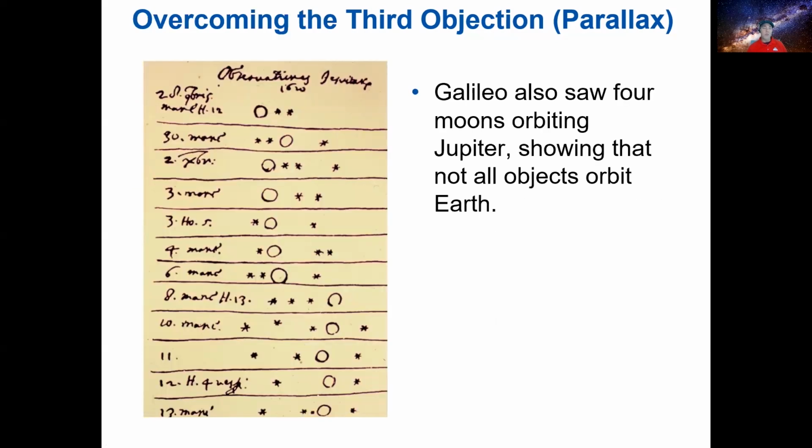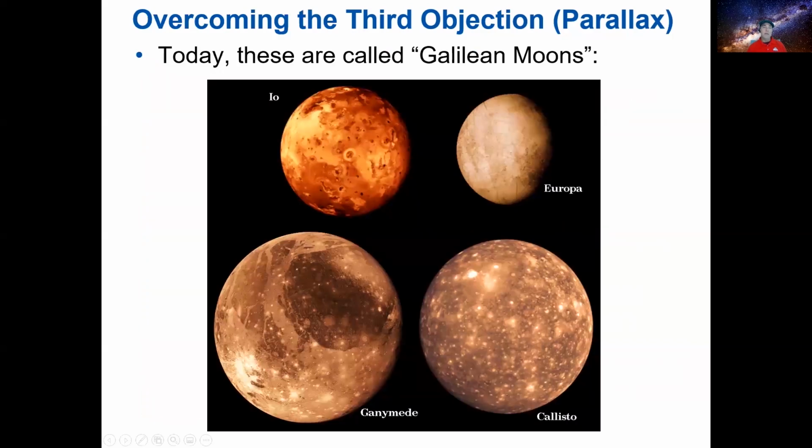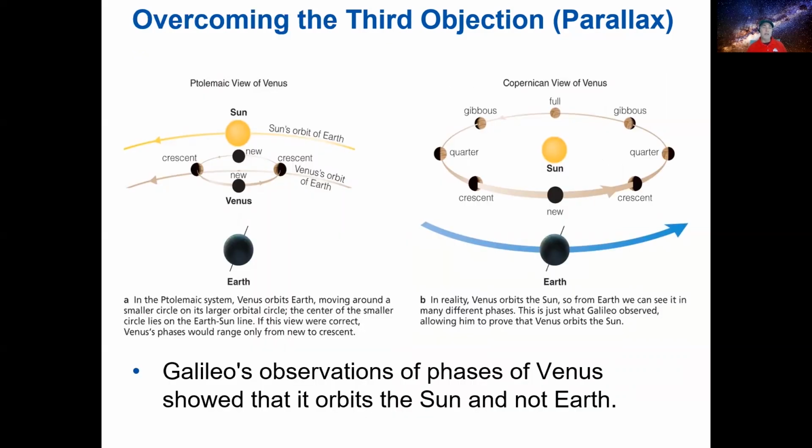Using his telescope, Galileo also saw 4 moons orbiting Jupiter, showing that not all objects orbit Earth, another blow to geocentrism. Today, these 4 moons are called the Galilean moons. Another proof that not everything orbits Earth came from Galileo's observations of the phases of Venus.